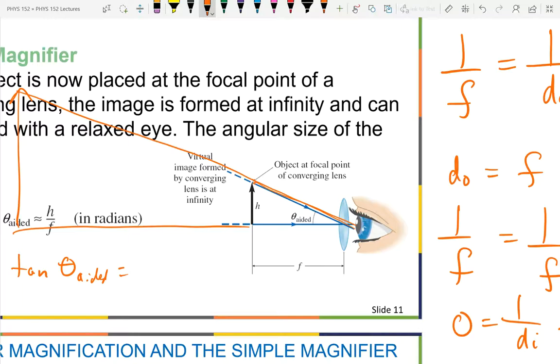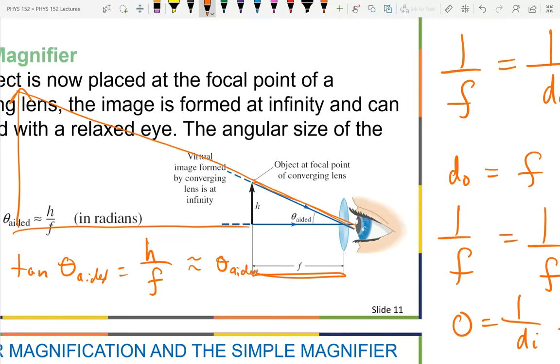What's the opposite side in this triangle? Opposite to the theta aided? It's the height. And what's the adjacent side? The focal length, because I place my object at the focal length of my lens. So there's the tangent for the angle aided. And once again, with the small angle approximation, that's approximately equal to the angle aided.